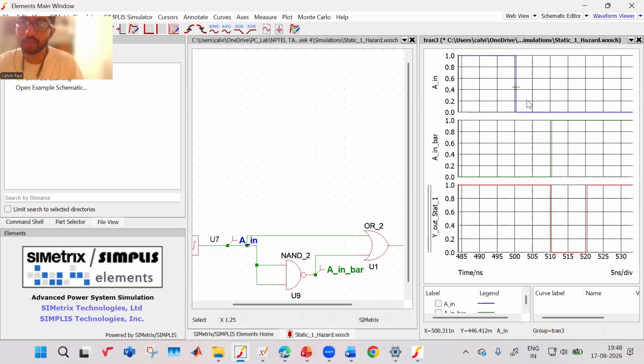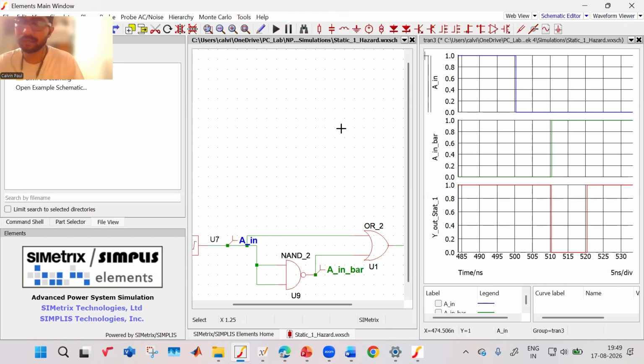So there is a portion of time when both A and A bar are 0. After the gate delay, the output suddenly goes to 0 for a short duration of time. So this is known as the static 1 hazard. That is, it should be 1, but there are occasional glitches when the input is going from 1 to 0.